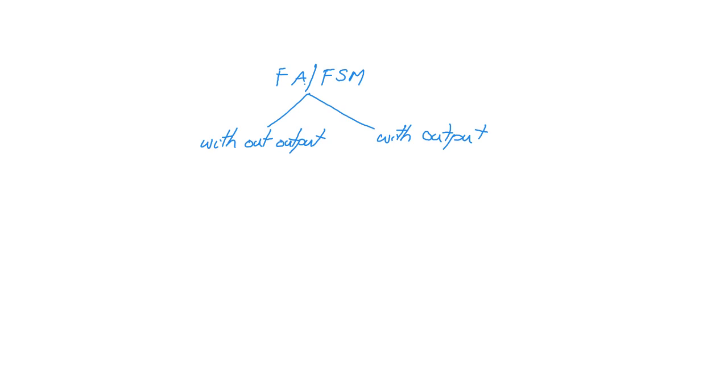And in the category which is without output, we have two varieties. One is called a DFA, and the other one is called an NFA.